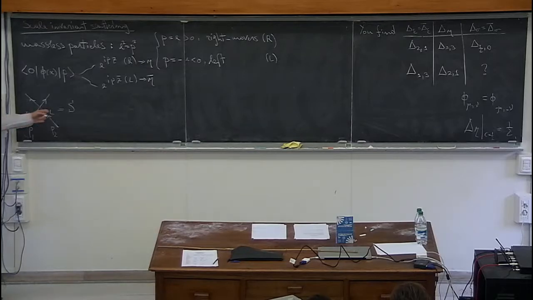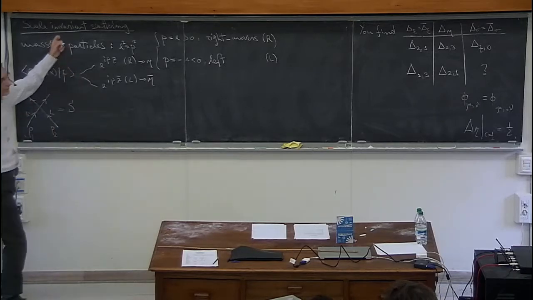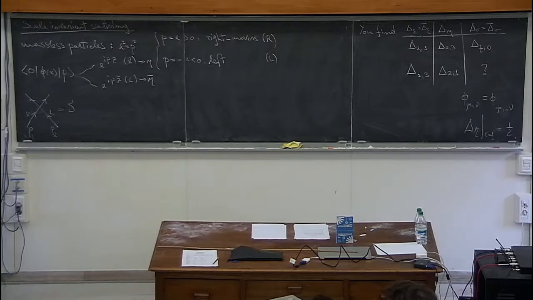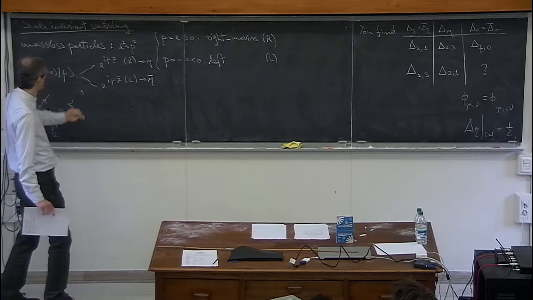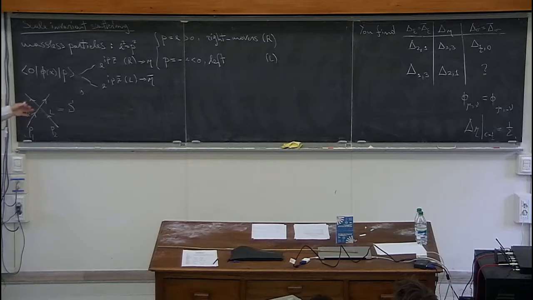Well, I have the following situation. So this will be some dimensionless quantity. In a theory where there are no dimensionful parameters, the only relativistic invariant this object could depend on is the S we saw yesterday, the square of the center of mass energy, which has dimensions.